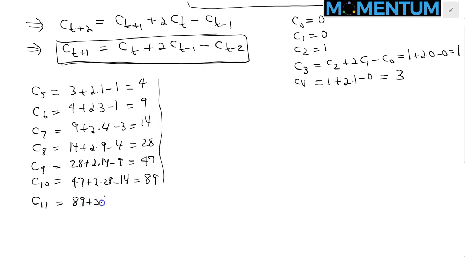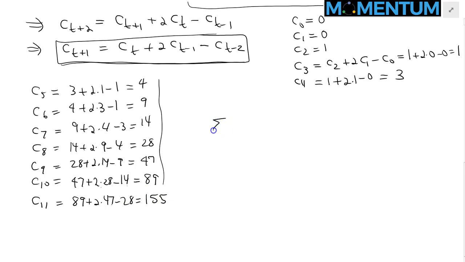89 plus 2 times 47 minus 28, which is 2 times 47 is 94, plus 89, let's say, which is 183, minus 28 is 155. Yes. So finally I need to add all these numbers.